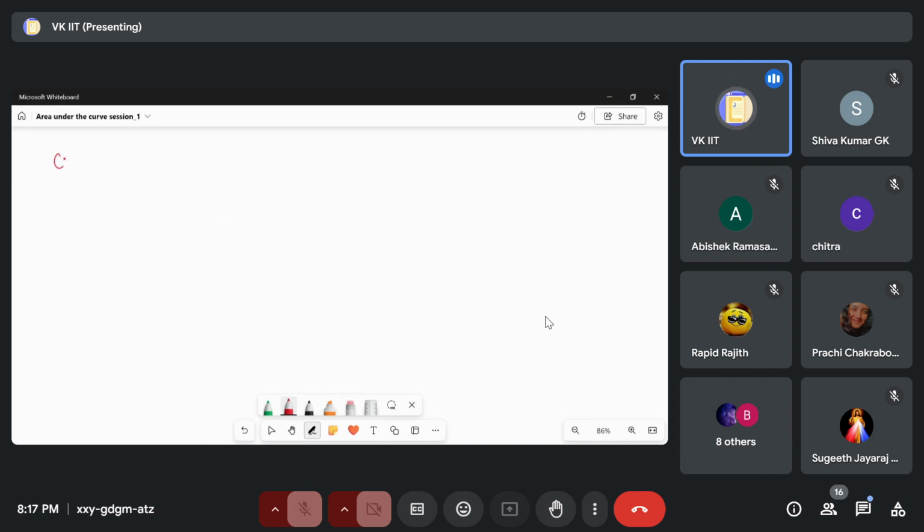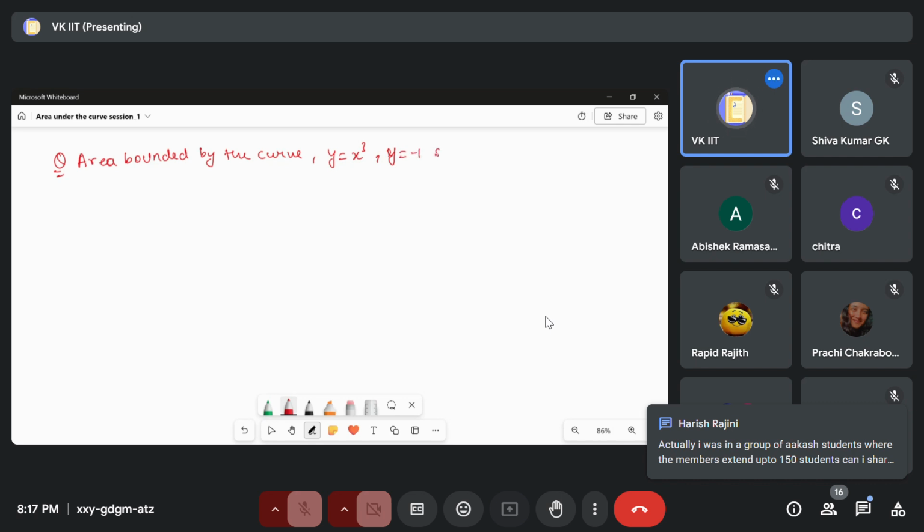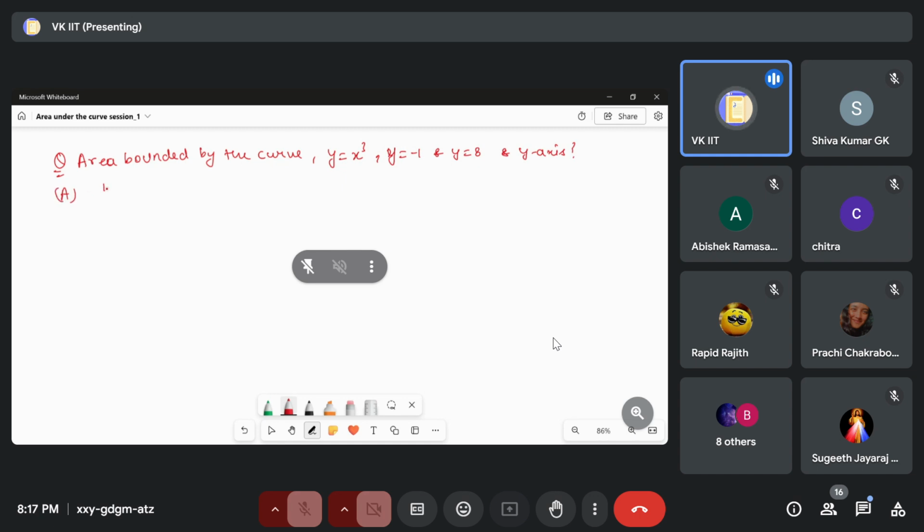The question is: area bounded by the curve y is equal to x cube, y is equal to minus 1 and y is equal to 8, and the y-axis. Options are given. Quickly start drawing the diagram of it and try to solve. Till then, I'm writing the options.